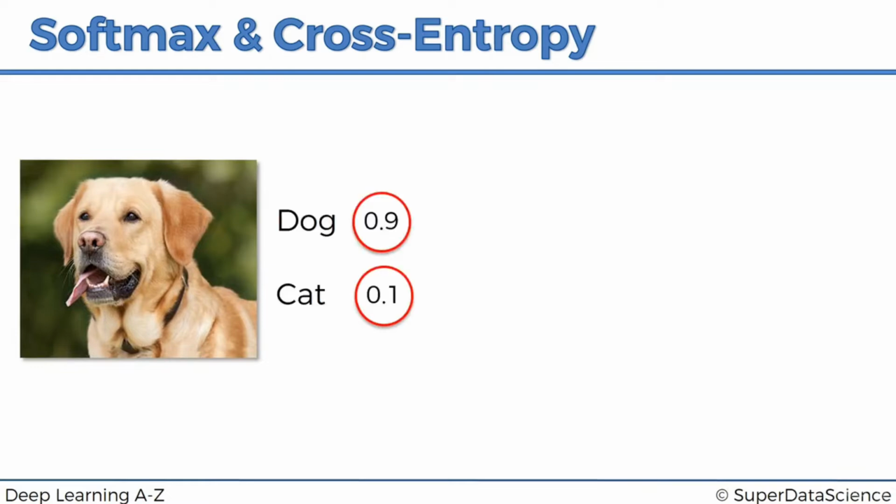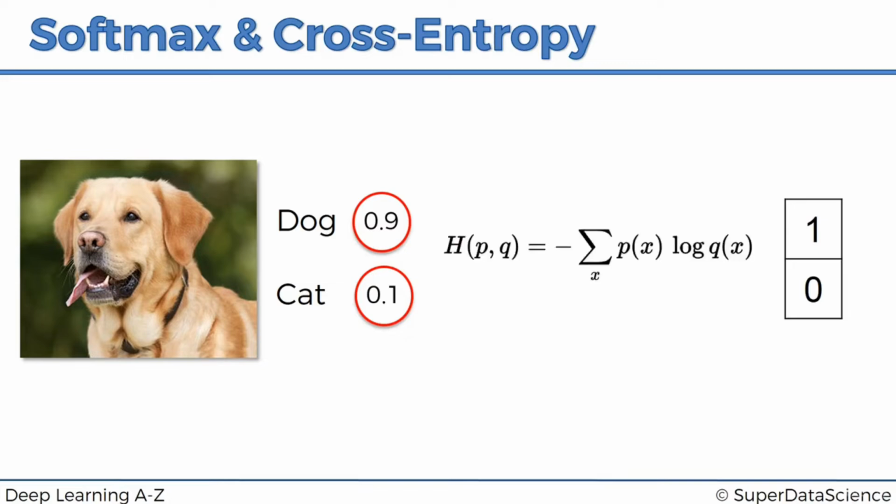The predicted value for dog is 0.9, and this is during training, so we know the label. The predicted value for cat is 0.1. The label is 1 for dog, 0 for cat.